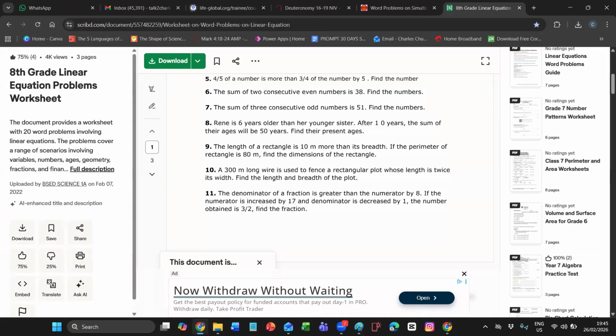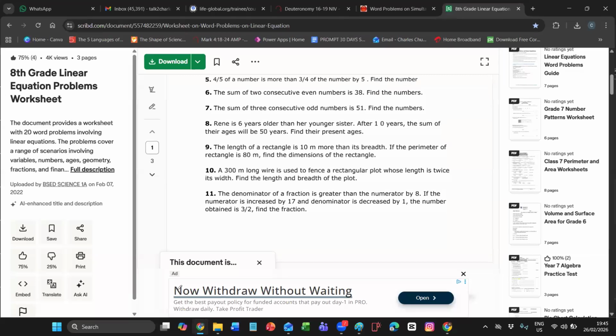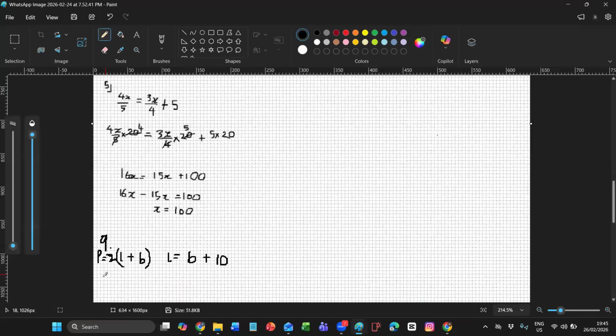Okay, so they said the length is 10 meters more than its breadth, and the perimeter of the rectangle is 80. So that means I'll have 80 is equal to 2 into (B plus 10) plus B again, right?